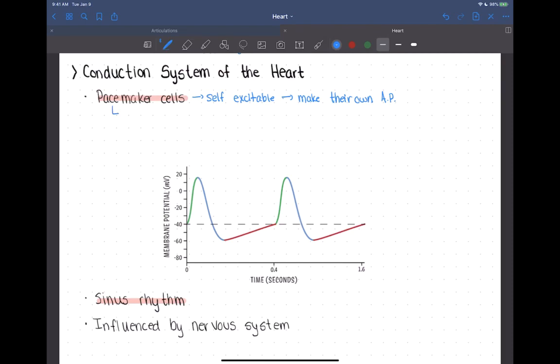This is only 1% of the myocardium, but that's all you need, because remember, cardiac muscle cells are connected to each other by gap junctions. Once you get that action potential started, it will very quickly spread through the heart. So that 1% will depolarize the rest of the heart.